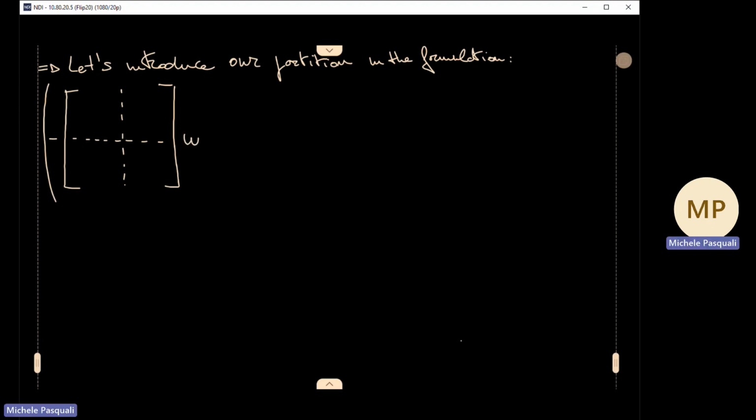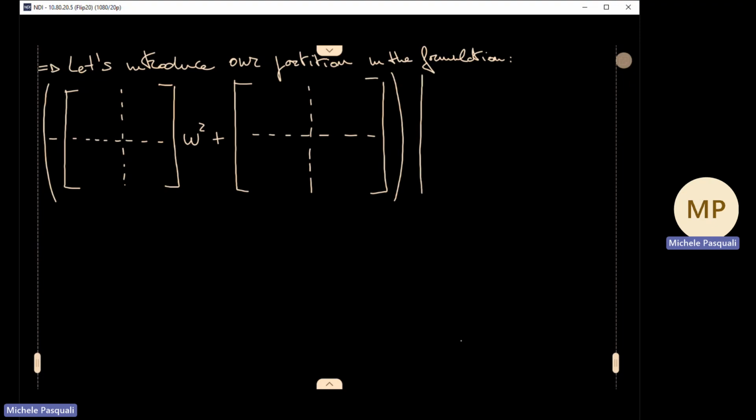Here we're going to have an M omega squared plus another matrix, which is the K. Everything multiplying Q M overhead and Q S overhead, equal to the vector of external forces.